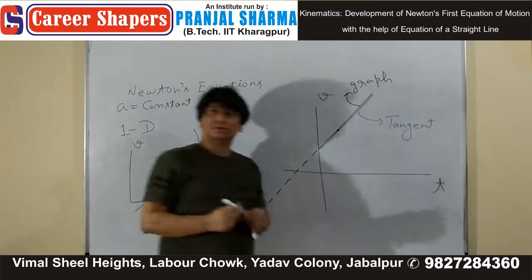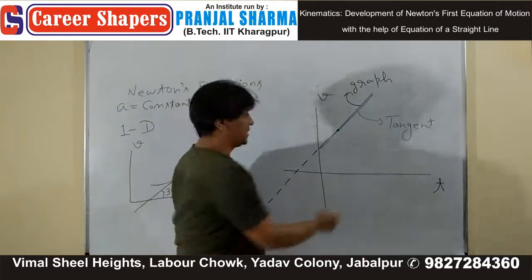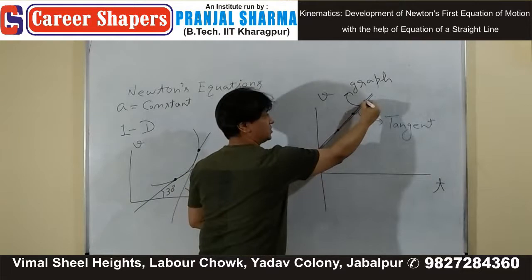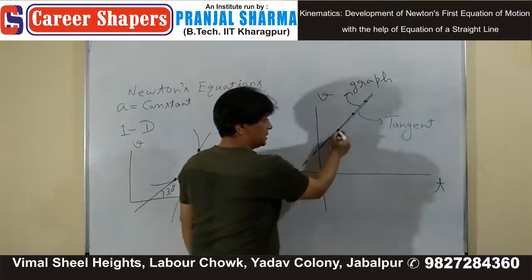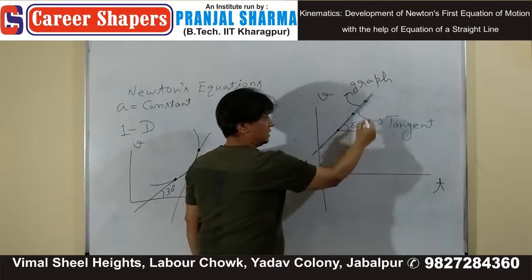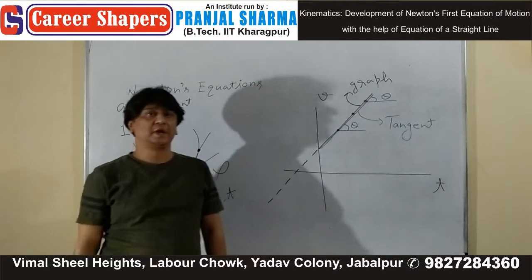Which means for Newton's equation, if you draw this tangent at this point, at this point, at this point, everywhere theta is coming the same.